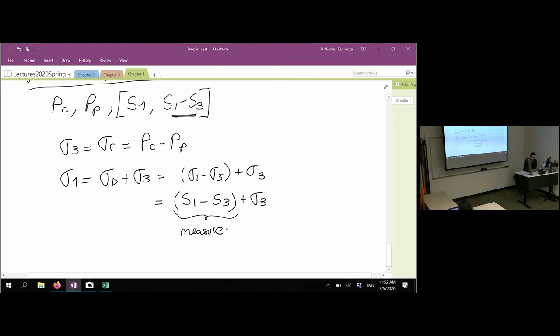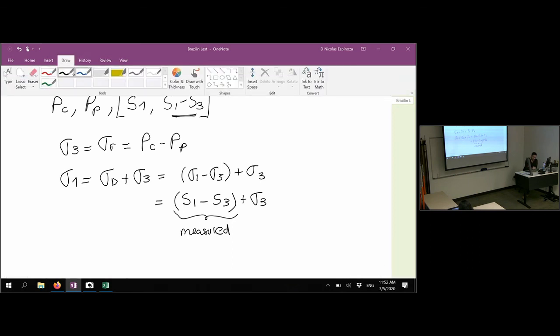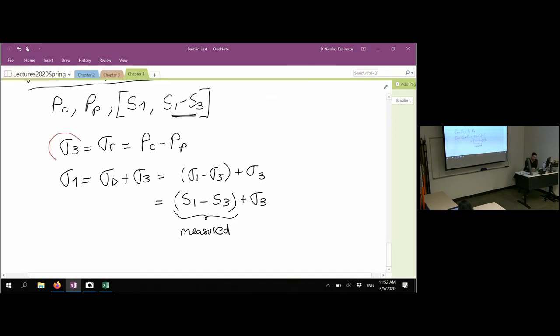So at the end of the day, from this data, what you have to do is calculate sigma 3, sigma 1, and once you have those, you put this similar as in the previous problem, sigma 1 as a function of sigma 3. Your data is going to align more or less like this.